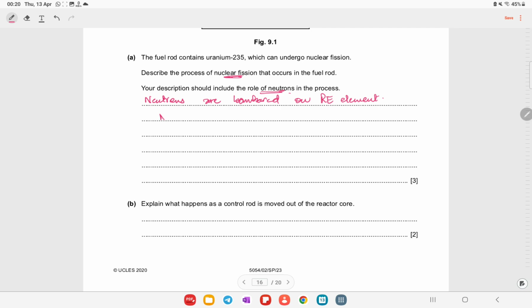So neutrons hit the radioactive element, and it will split up into two smaller daughter radioactive nuclei.